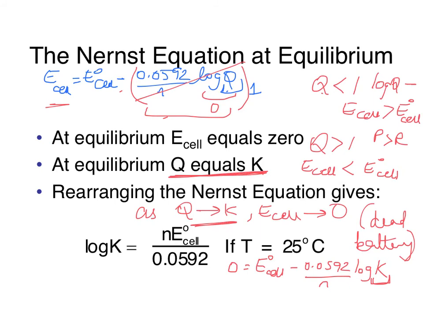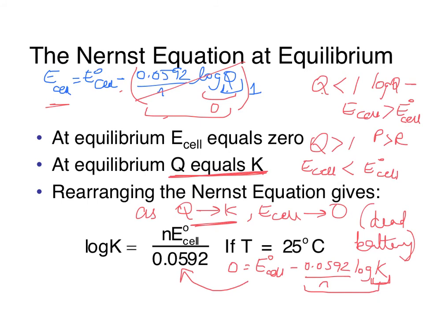So if we rearrange this equation in red, it can be written as log K is equal to n E naught cell divided by 0.0592. Just to make sure everybody understands the math, I'm going to add the entire term 0.0592 divided by n log of K to both sides of the equation.